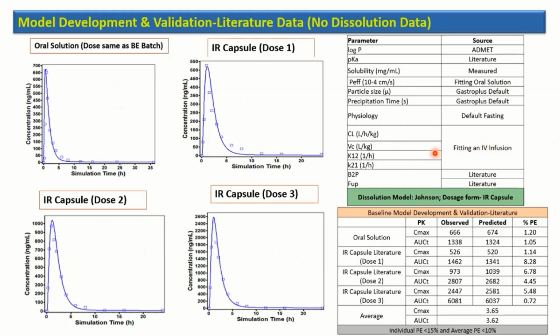And the effective permeability was not available from the literature or from the in vitro data, and hence we had to rely on oral solutions. So we basically fit the oral solutions to calculate the effective permeability. And if you look at the prediction error, for all the individual formulations the prediction error is less than 15%. It's actually less than 10%. So it meets the criteria.